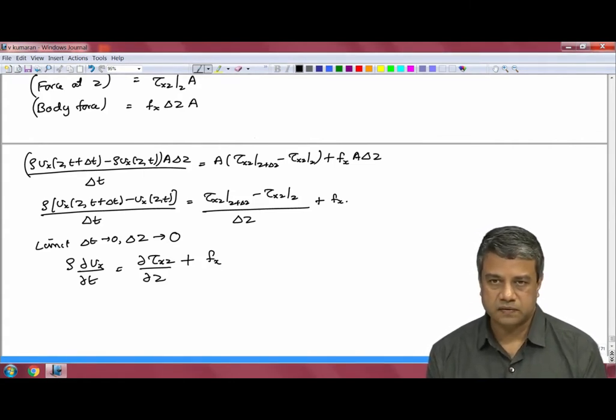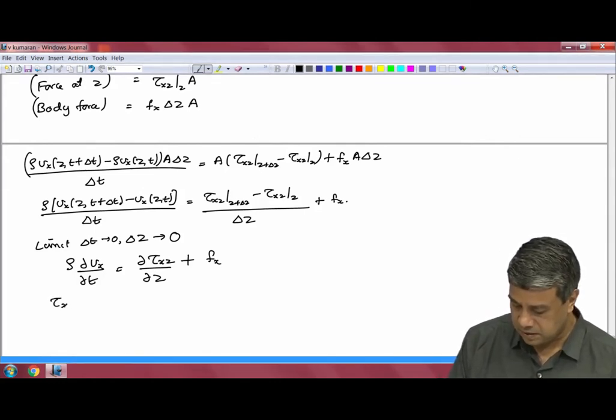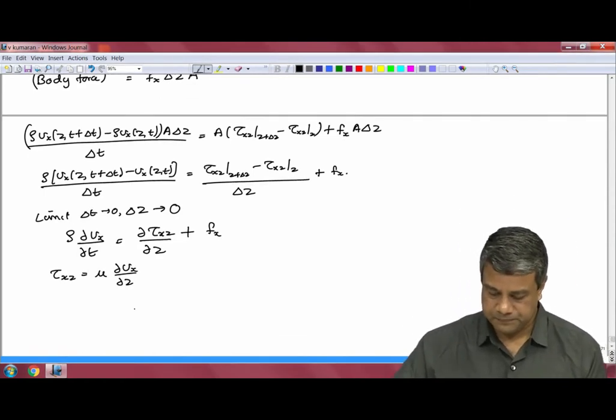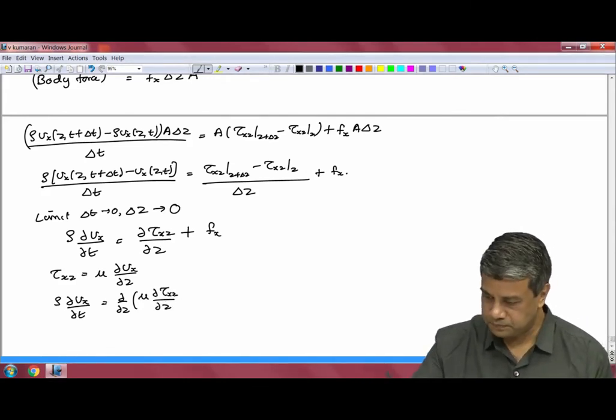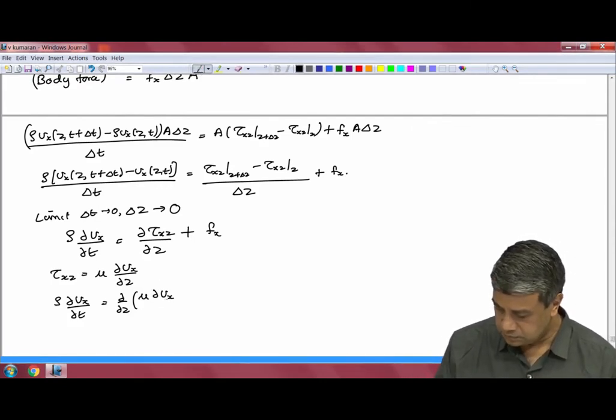And then I can use Newton's law for viscosity in order to express tau xz in terms of the velocity gradient. Tau xz is equal to mu partial Vx by partial z. Substituting that, I get rho times partial Vx by partial t is equal to partial by partial z of mu partial Vx by partial z, plus Fx.